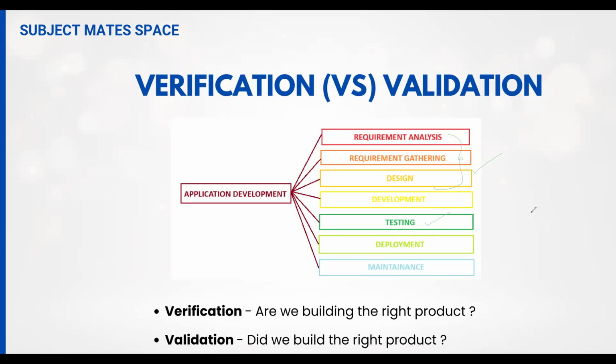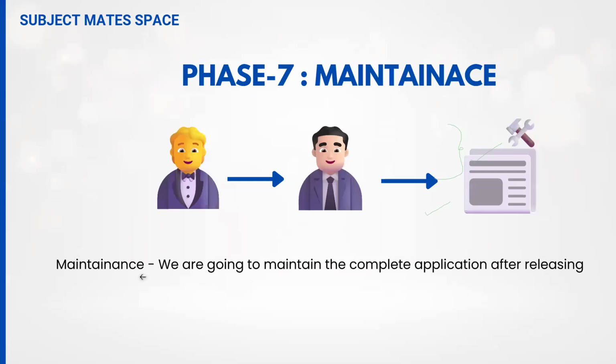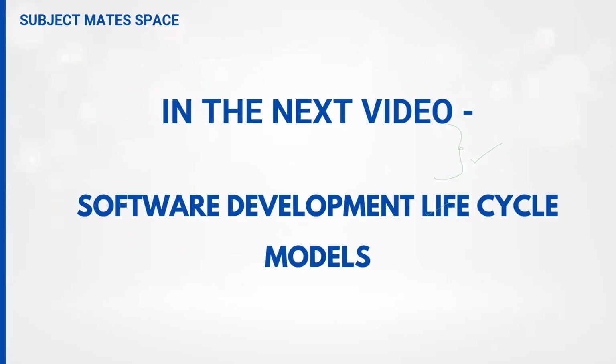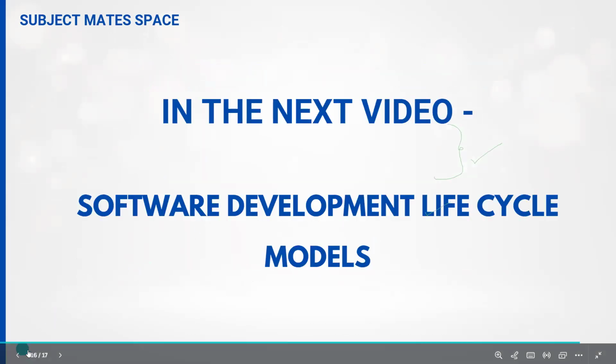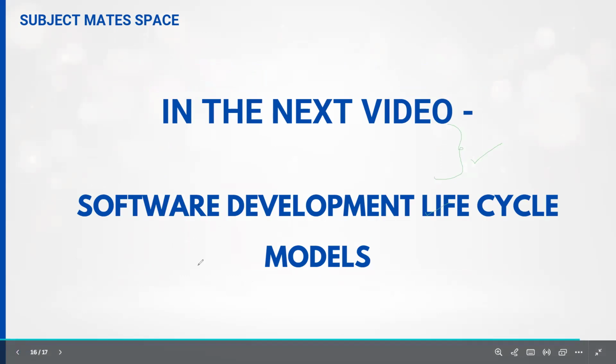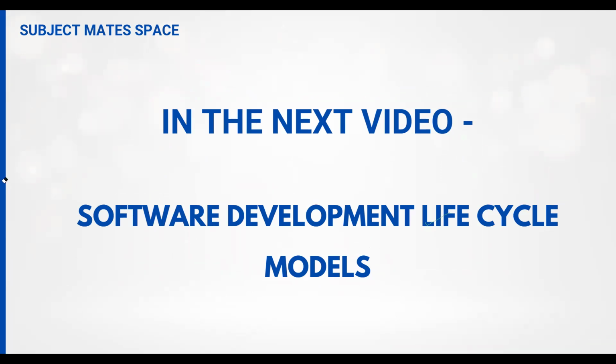So this is it for today, and tomorrow we are going to learn about software development lifecycle models. This is also a most important lecture which you guys need to follow.